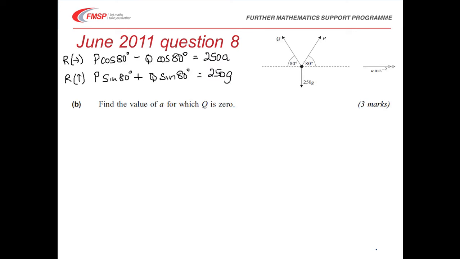If we then have a quick look at part B, because this time we're told that Q is equal to 0. I've just written the two equations that we had up there.